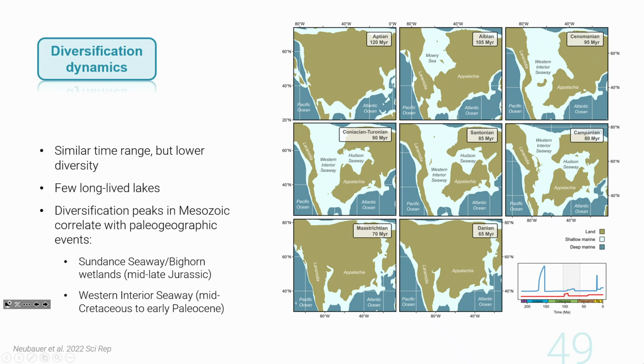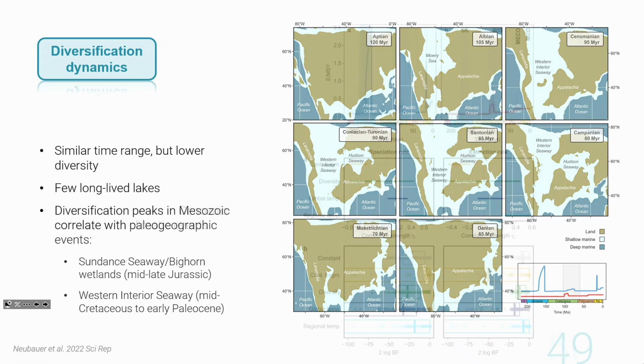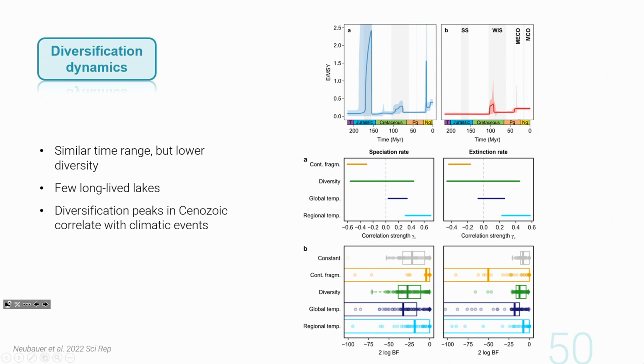At least that's the hypothesis. In the Cenozoic, then, the situation is different. We have these single peaks, which interestingly link very well to the Miocene and the Eocene climatic optima.